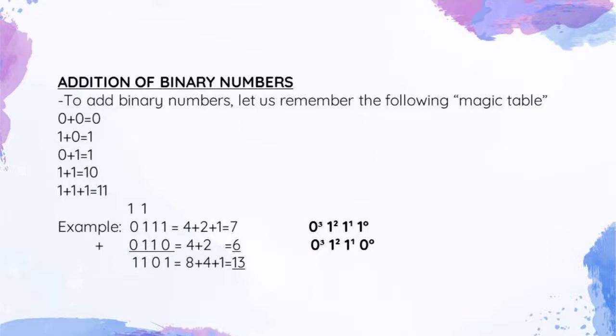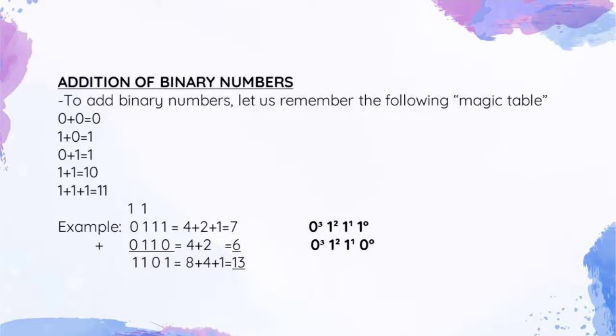Next, we will solve for the second number, which is 0110. To get the decimal form of it, we will have 0 times 2 to the power of 0 is equal to 0, 1 times 2 to the power of 1 is equal to 2, 1 times 2 to the power of 2 is equal to 4, and 0 times 2 to the power of 3 is equal to 0.